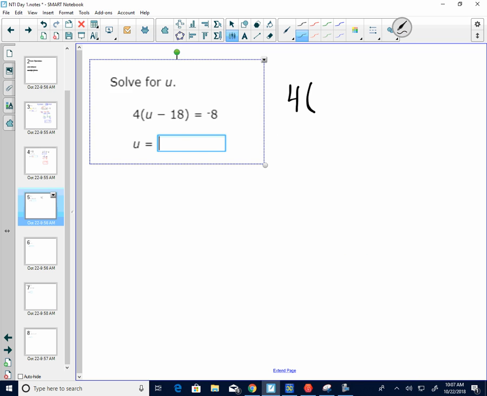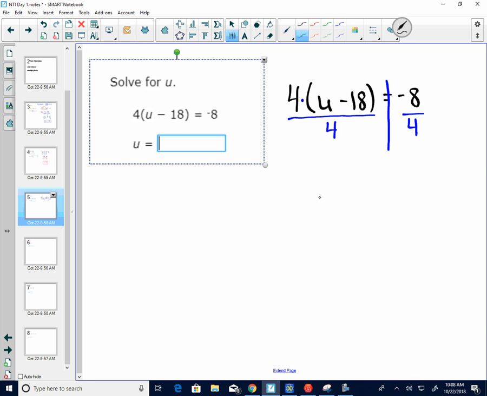Four times the quantity u minus 18 is equal to negative 8. In this case, I see that this is 4 times the quantity. So this example I'm going to work out by going ahead and dividing by 4 first. And if I divide by 4 on the left, I got to divide by 4 on the right.